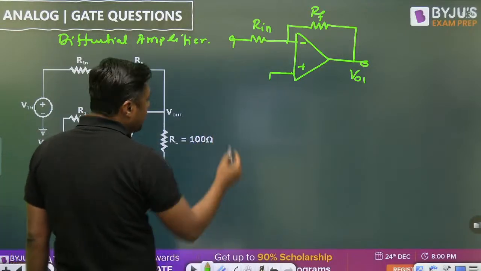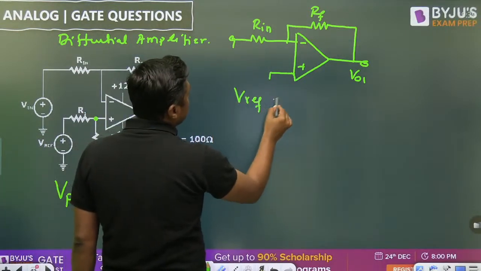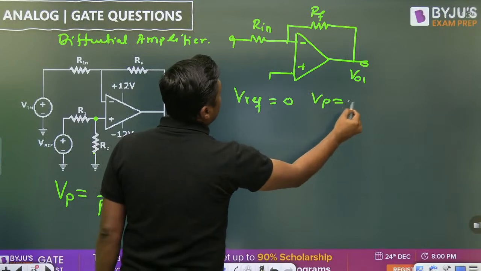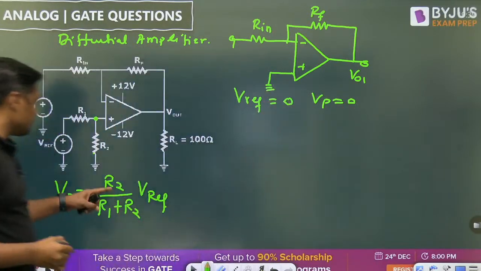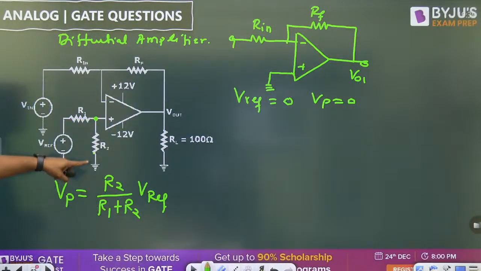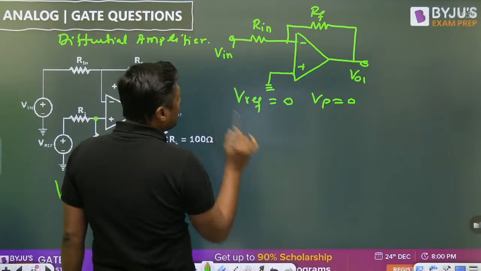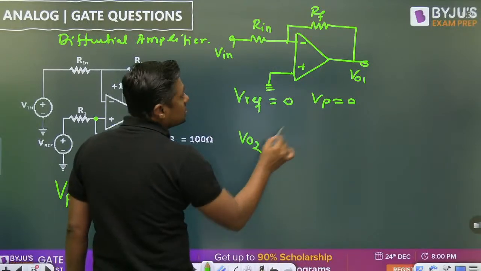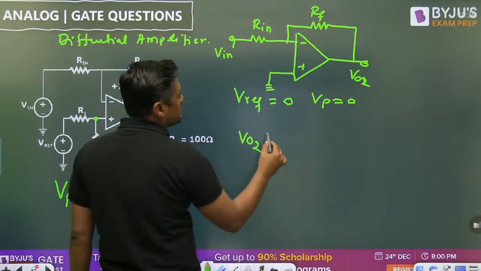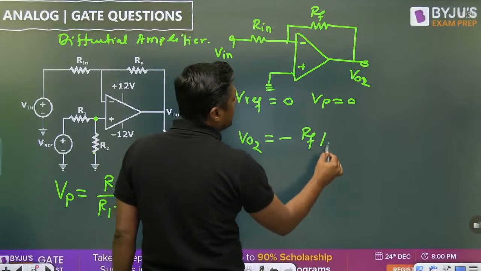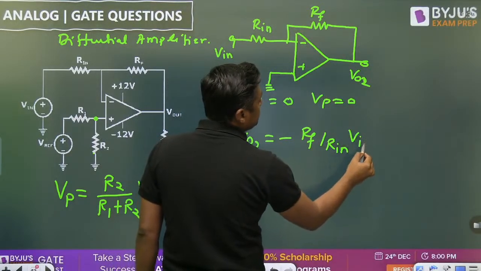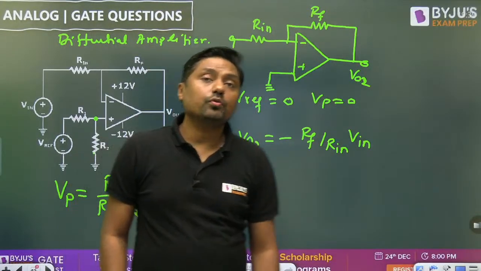When we make V reference 0, VP will become 0. This is connected to ground, and here we are considering the V in. So what is the output voltage? This will become V02. We are just applying the superposition theorem. So minus Rf by R1 into V in. Minus Rf by R1 into V in.